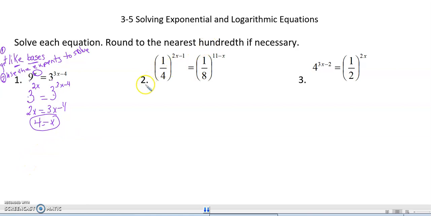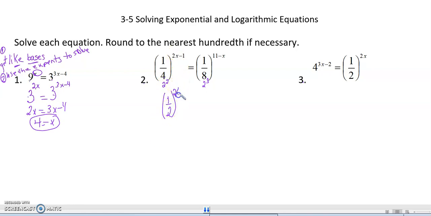Now I know that number 2 and number 3 look a little different, but I think we can still get the bases alike. We can change 4 to 2 squared, and we can change 8 to 2 to the cube. So if I get this fraction 1/4 and change it to 1 over 2 squared, that's the same thing as 1/4.